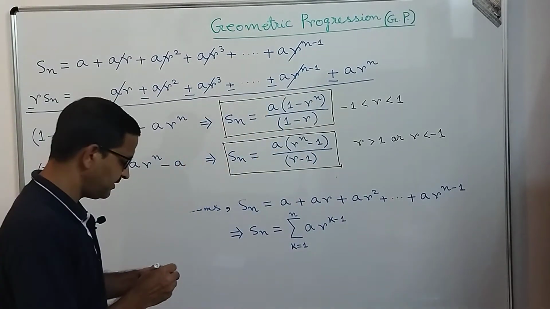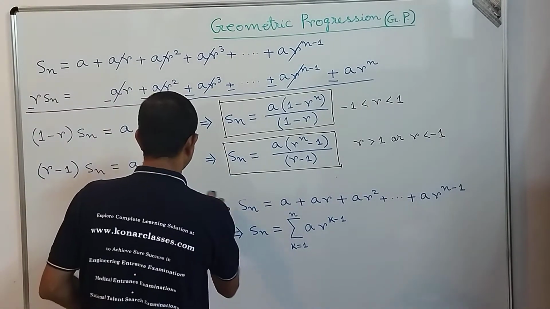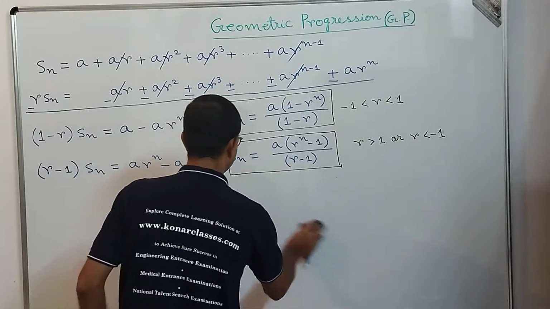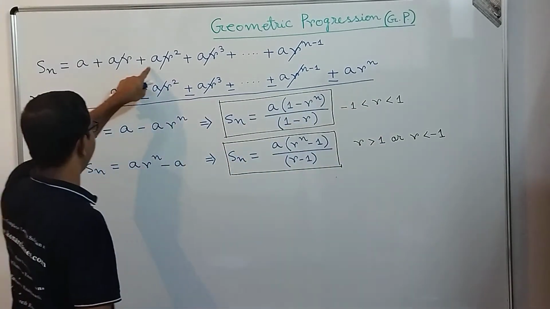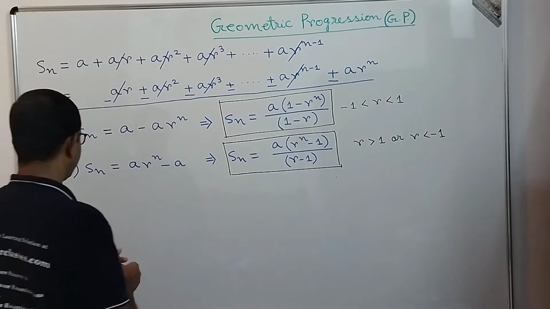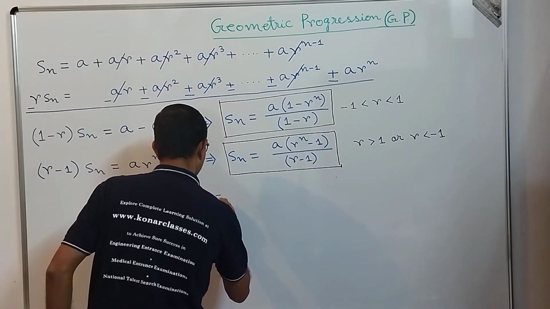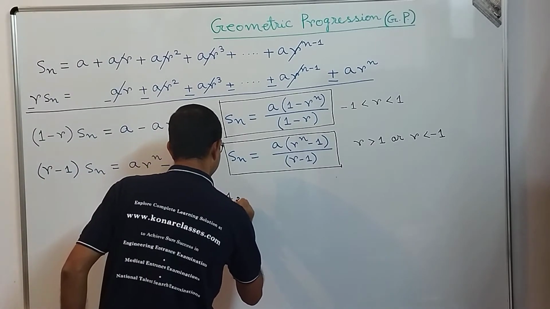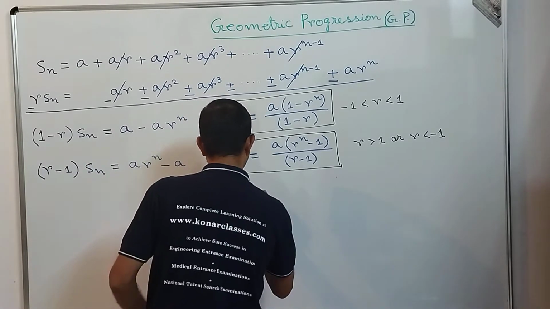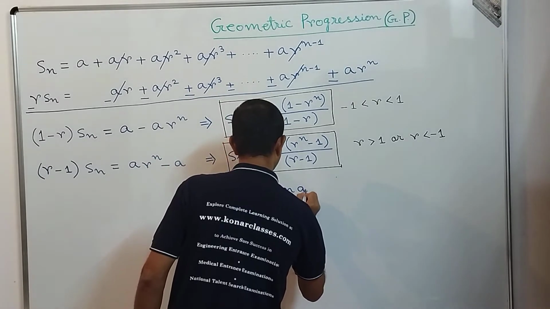It is quite simple, dear students, that when r equal to 1, the entire sequence becomes a, a, up to n times. Correct or not? So when r equal to 1, the sum of the first n terms, Sn, becomes n into a.